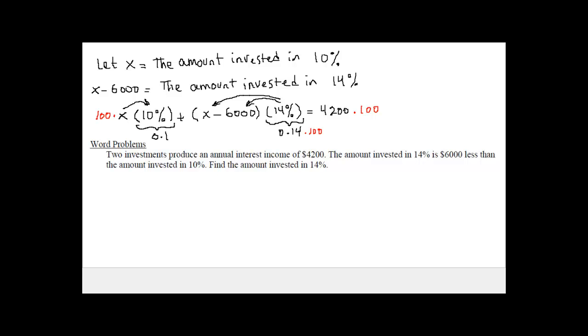So the first term here, 100 times 0.1 gives me 10, and then we have an x here, so 10x plus, and the second term, if I multiply this by 100, gives me 14 times x minus 6,000, and then we have to multiply 4,200 by 100, and this is what we get, 420,000.